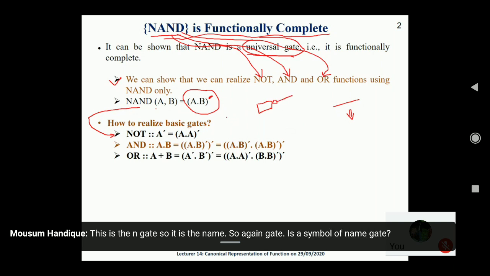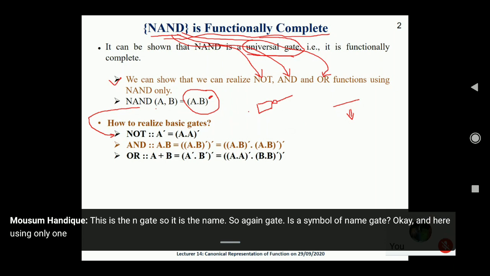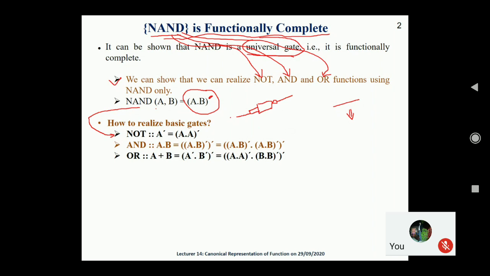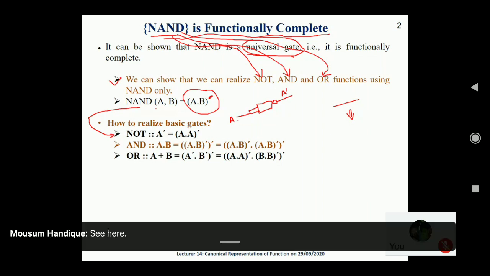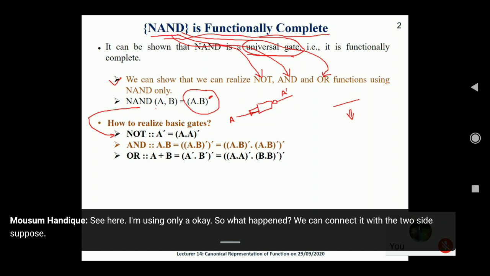Here I am using only one particular variable, only a. We can connect it with the two sides. Suppose this is the connection between the two inputs.